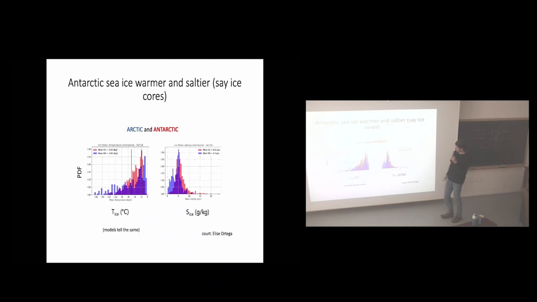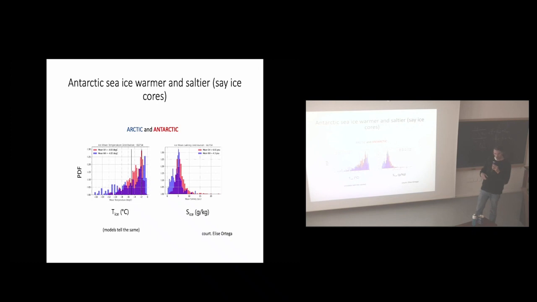And what you can see is really something that we cannot really explain very well yet. The Antarctic sea ice in red is generally more saline than the Arctic sea ice. And part of the answer is that Antarctic sea ice is younger and thinner, and so it has less time to lose the salt.